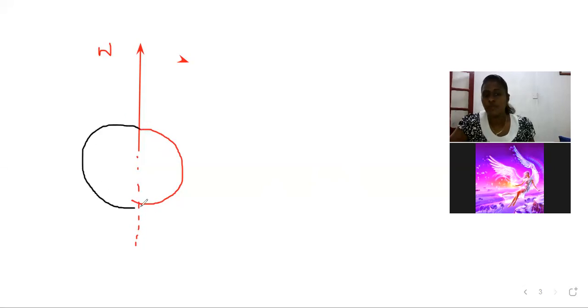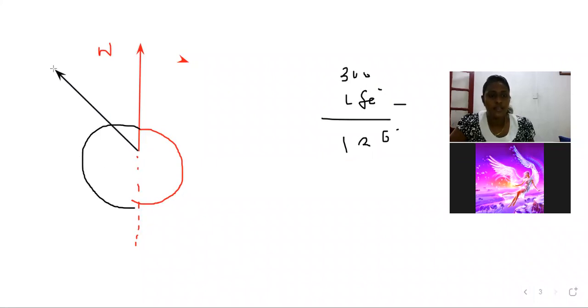You stop from 180, then from 300 you subtract and get how much is left: 120. Once you keep the protractor this way, this side 0 onwards, you check how much is beyond 180. It is like 120.